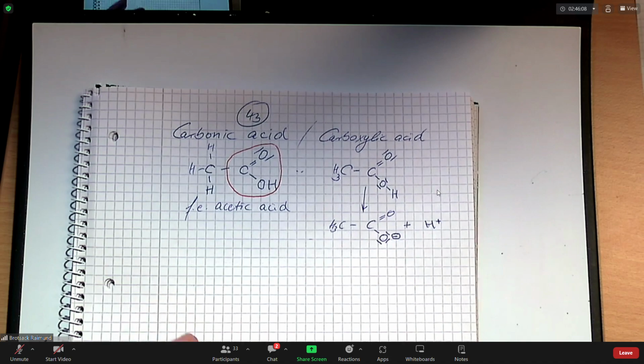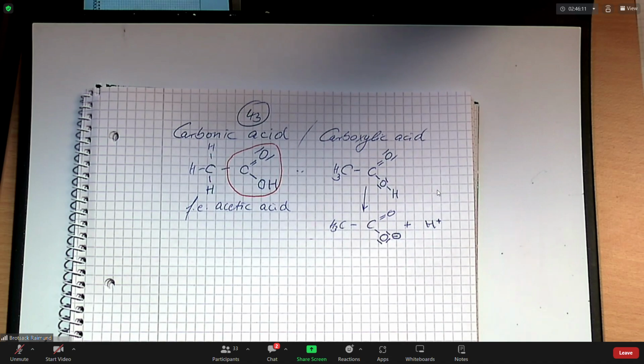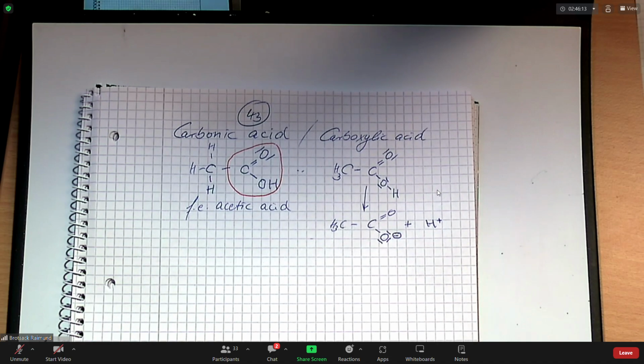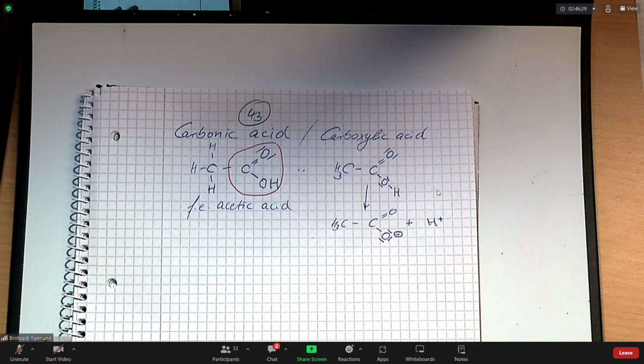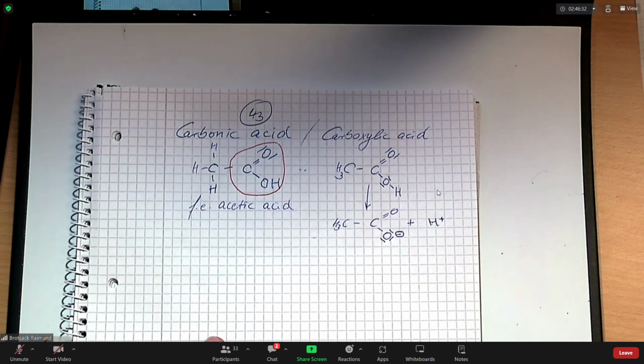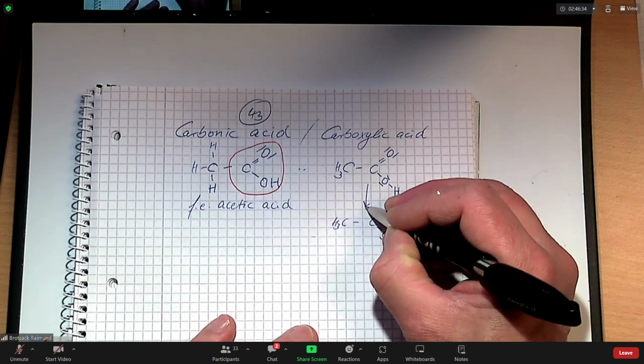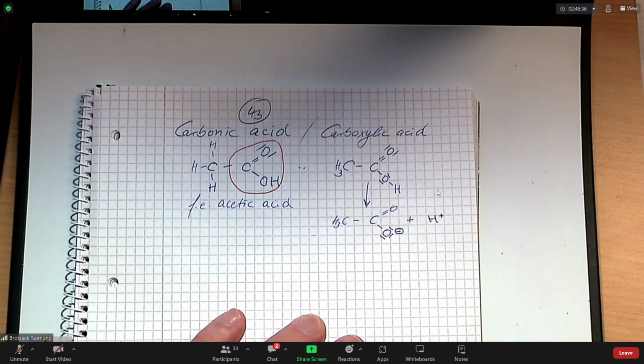We did some calculations in this example, if you remember. This is a weak acid. And we did these calculations, what's the pH of a weak acid, where we developed the formula. It's something like 4.7, depending, of course, on the concentration. We had the pKs of 4.74.